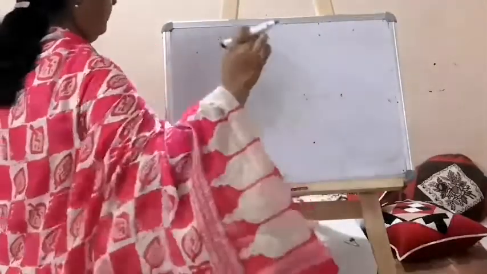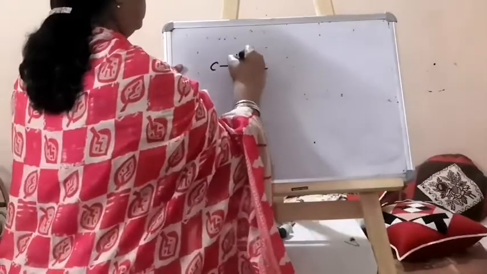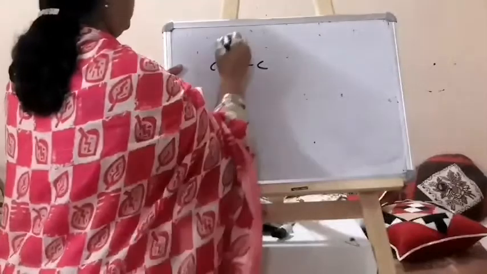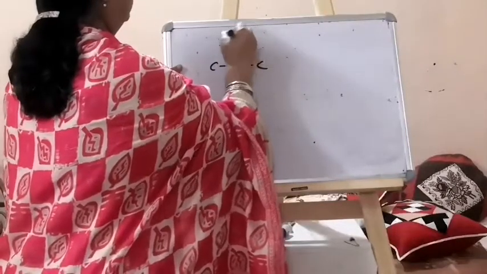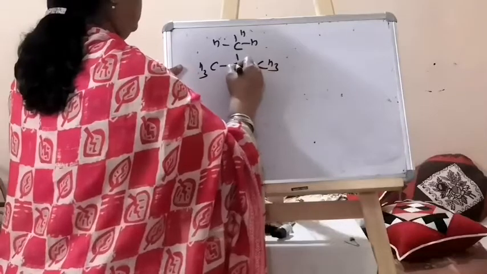So naming the branch, look here. If this is the branch, all around hydrogen. Hydrogen in one.